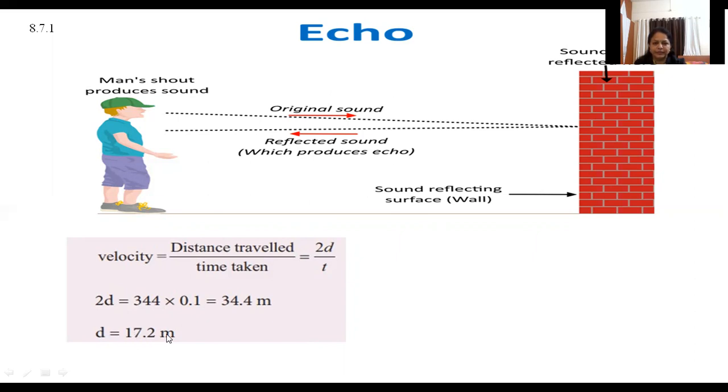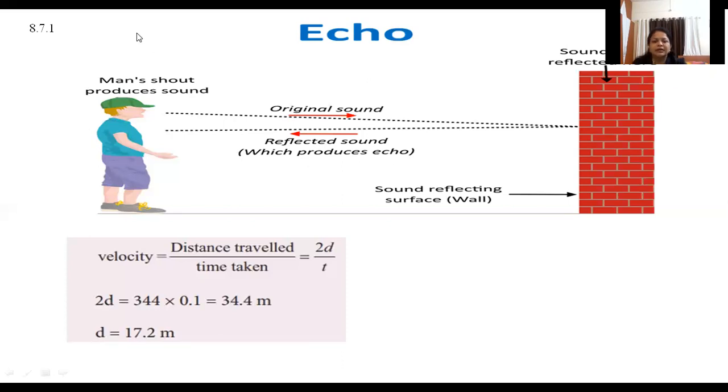17.2 meter. So when the object or the wall or the hill is 17.2 meter away from you, only then can you perceive or receive the echo.